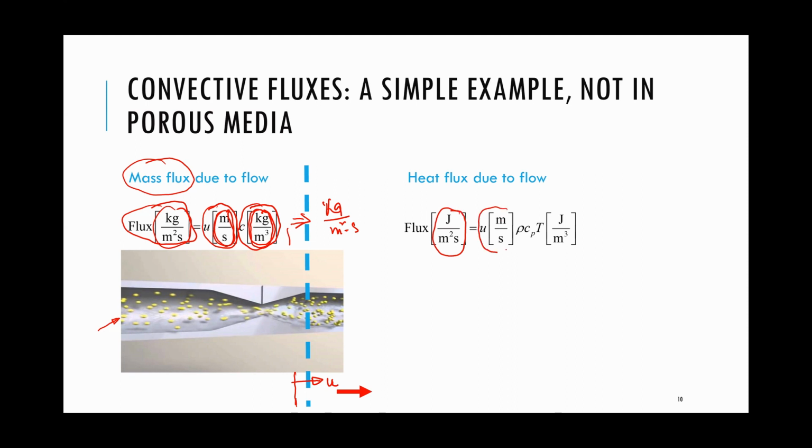It is the velocity times, just like here we had the mass content, here we have the heat content, which is joules per meter cube, rho times Cp times T. So joules per meter cube gives us joules per meter square per second.